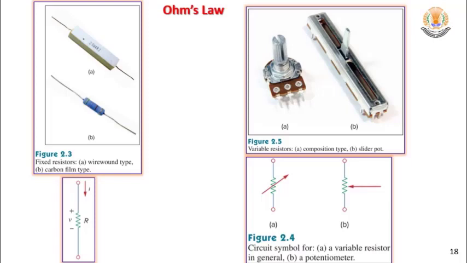You have a resistor with an arrow. If this arrow is on top of the resistor, this means variable resistor. But if the arrow is horizontal like this one and just touching, it will be called a potentiometer. Okay? So resistors, you have two types, fixed and variable. Clear?